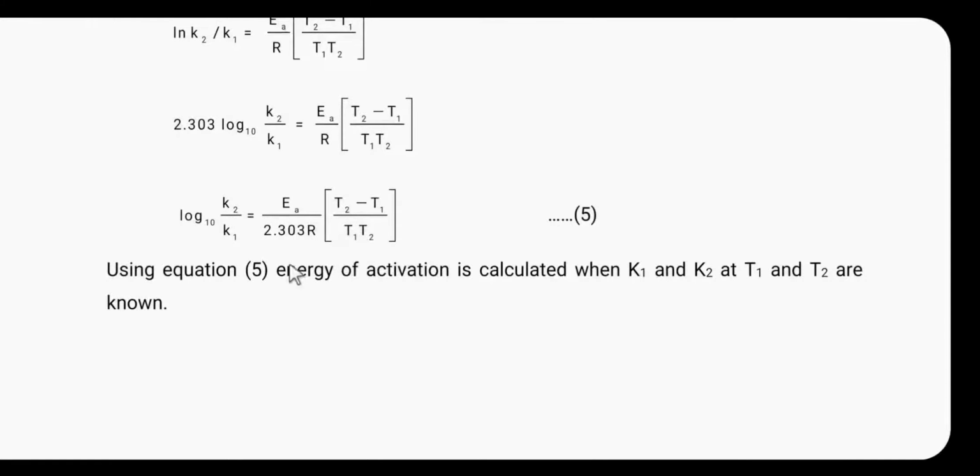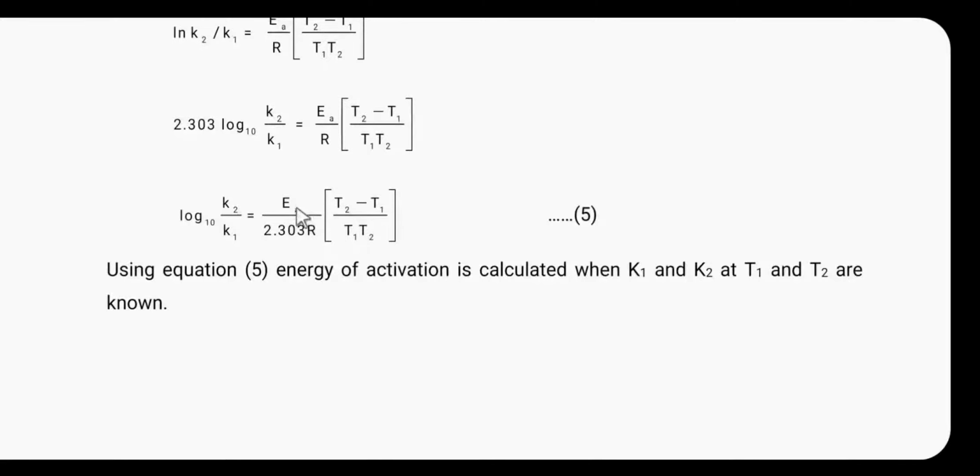So here by using equation 5 and by substituting the values of k1 and k2, T1 and T2, you can determine the energy of activation. So in this method the rate constants k1 and k2 of a reaction at two different temperatures T1 and T2 are determined, and substituting these values in this equation, we can find out the energy of activation.